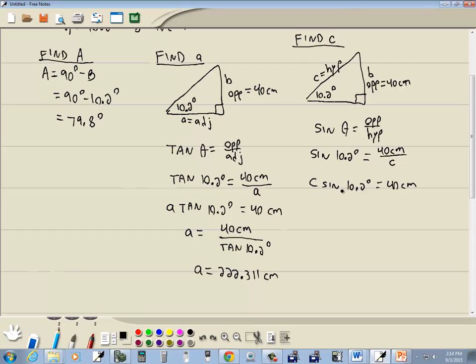Then I divide both sides by sine 10.2 degrees. So C is equal to 40 centimeters divided by sine of 10.2 degrees.